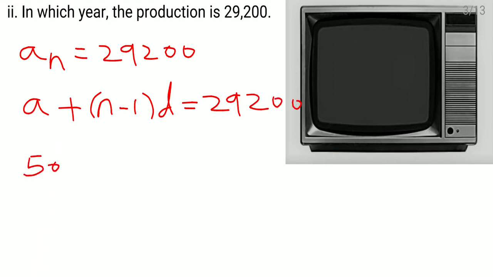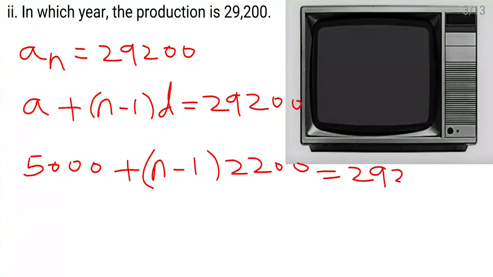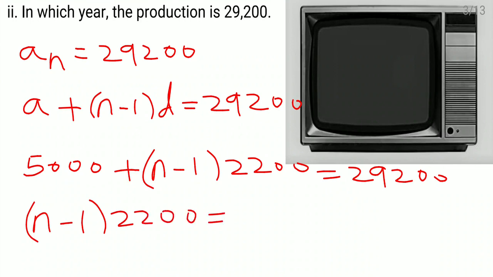A we just found, which is 5,000, plus n minus 1 into the value of D, 2,200, equal to 29,200. 5,000 will go that side, so n minus 1 into 2,200 is equal to 29,200 minus 5,000, which comes as 24,200.